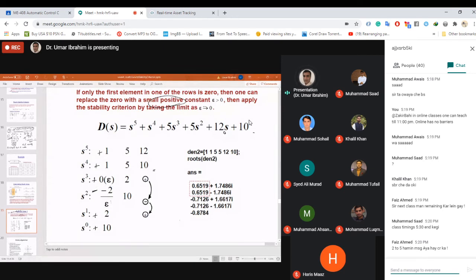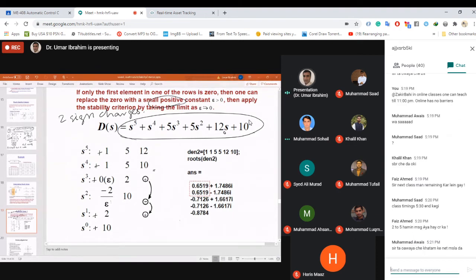So in this system, which has 5 closed loop poles, since there are two sign changes, two of the 5 closed loop poles are unstable, in the right-hand plane. So first of all, we discussed the background.